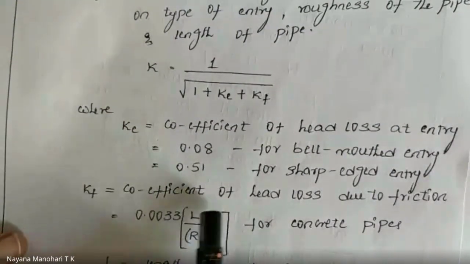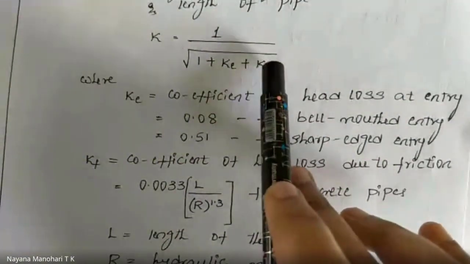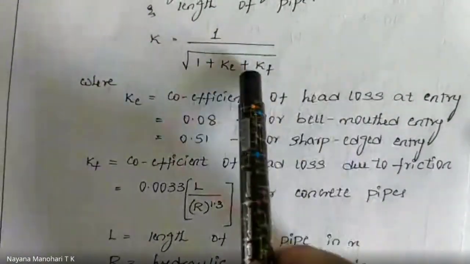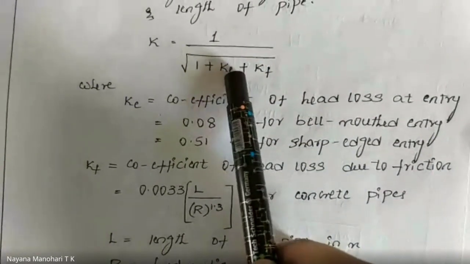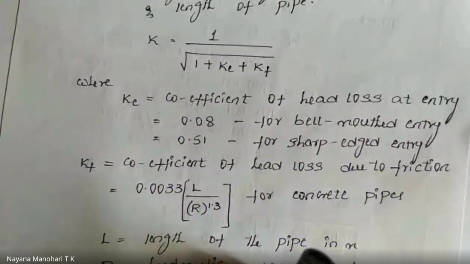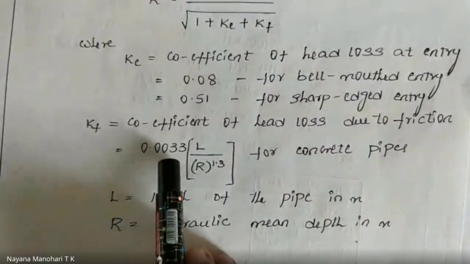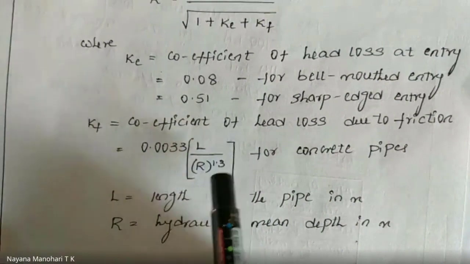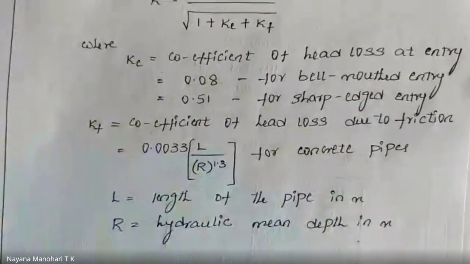Kf is the coefficient of head loss due to friction. In K, f indicates friction and e indicates entry, the coefficient of head loss at entry. Kf is given by 0.0033 into L divided by R to the power of 1.3 for concrete pipes.